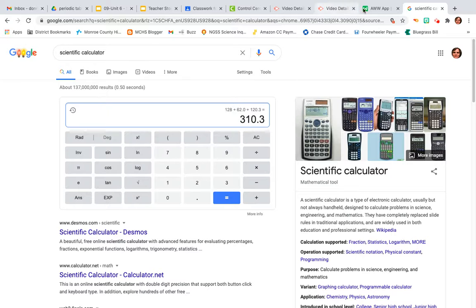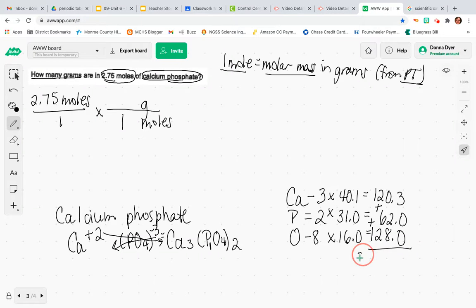And we get 310.3. And what this means is there are 310.3 grams in 1 mole of calcium phosphate. Again, make sure you write that formula correctly before you do your molar mass.